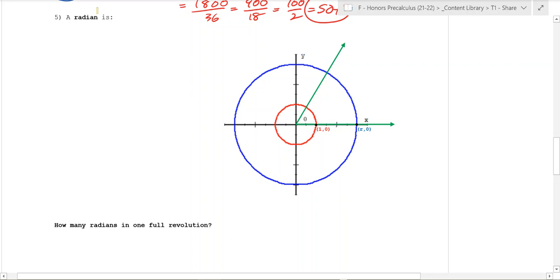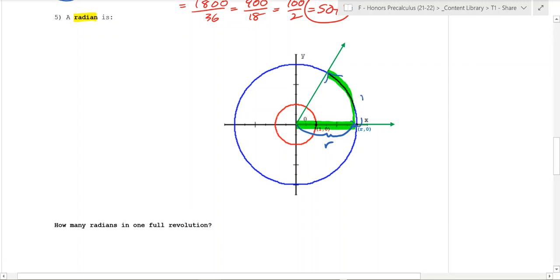Now there's this concept of a radian, and this is when we're dealing not with degrees, but with radians. If a circle has a radius of r, so this is our r right here, if you take that same distance, so we're taking this distance right here and lay it onto the circle itself, this distance is r.